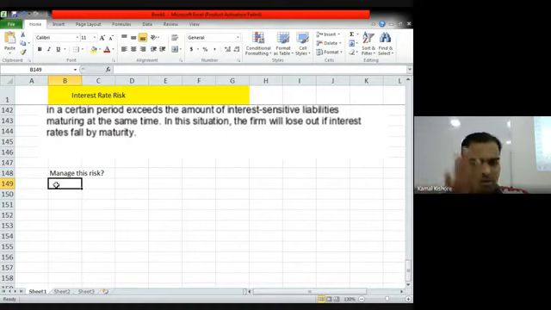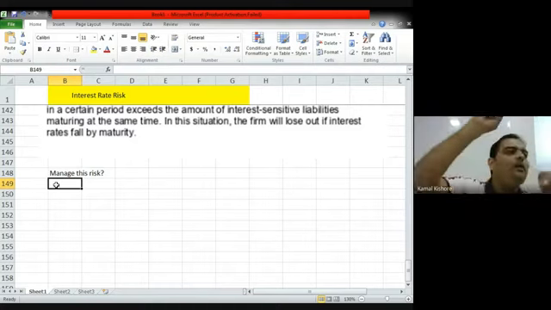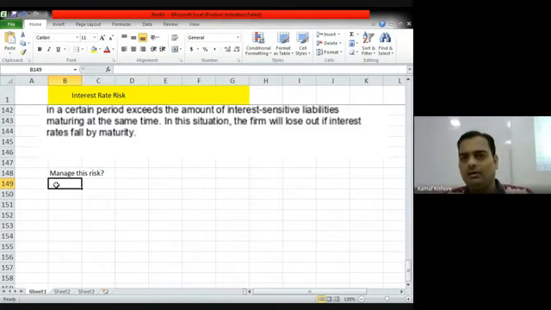So most companies have interest sensitive liabilities, which means most companies are exposed to interest rate risk, and it is a huge risk, because 90% of the companies are sustained on debt. That means everyone has a debt, right?